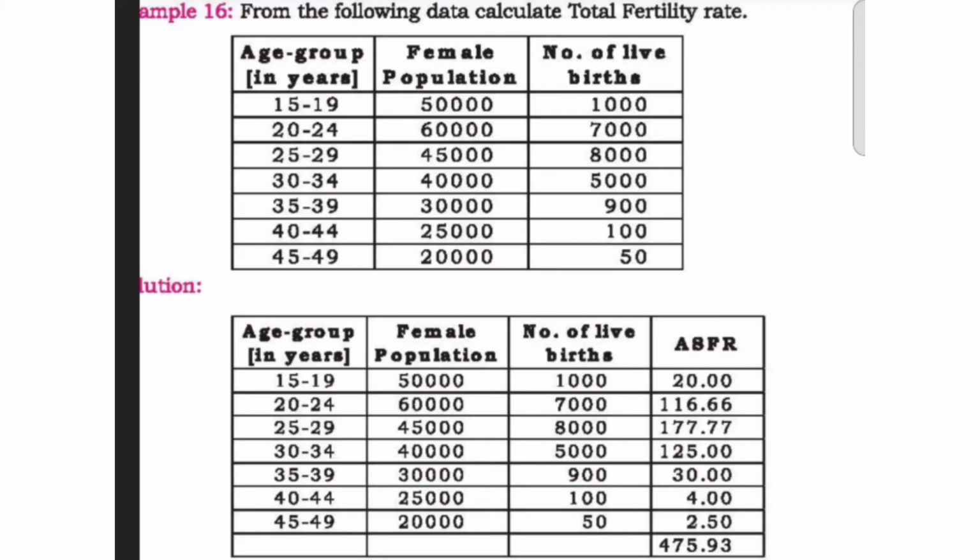Then you are calculating the age specific fertility rate. Age specific fertility rate means you take each group individually, like 15 to 19, calculate one by one, into 1000, divide by 5 lakh.